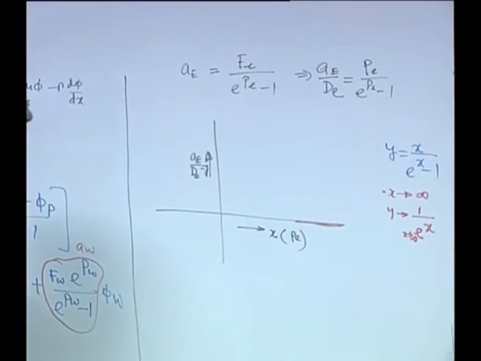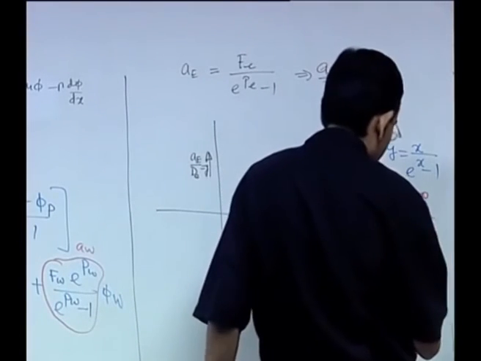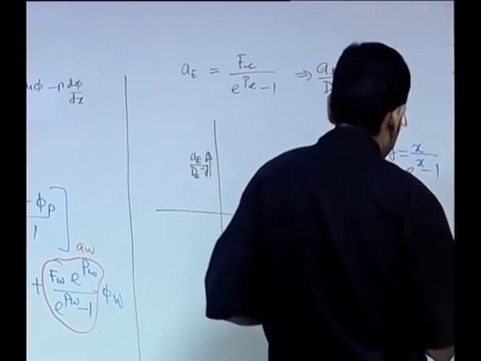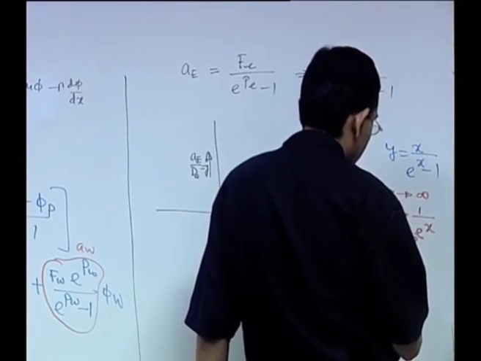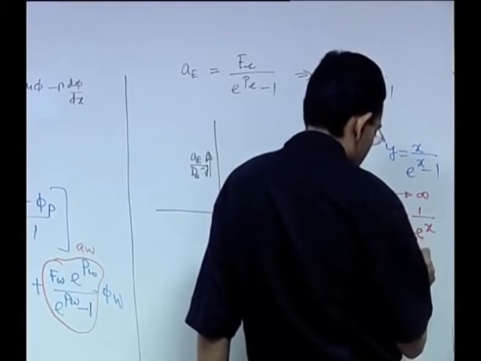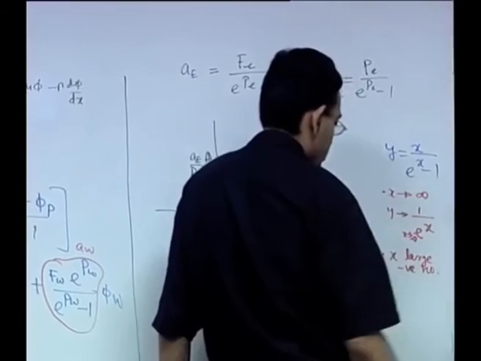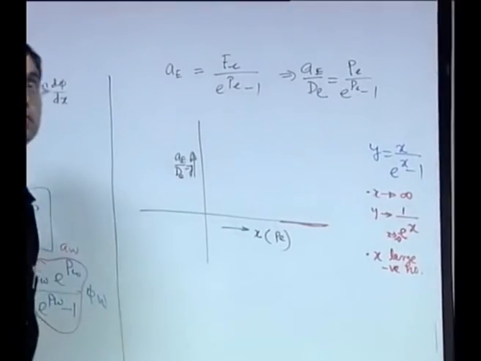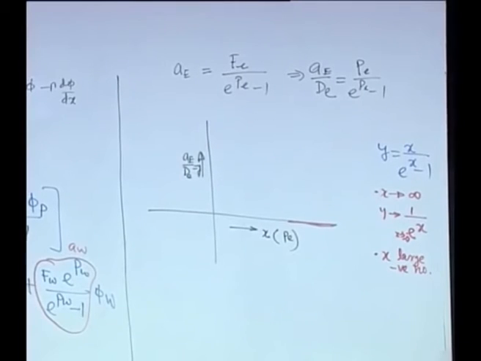When x is a large negative number, then what happens?